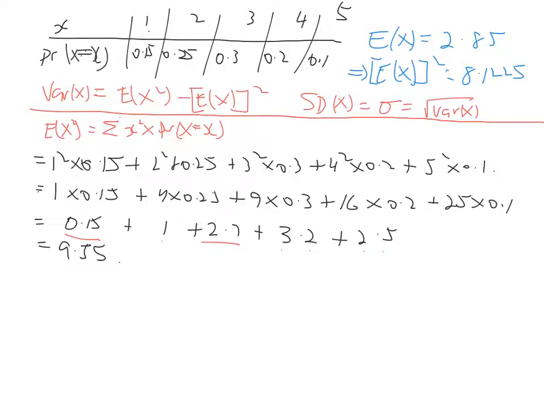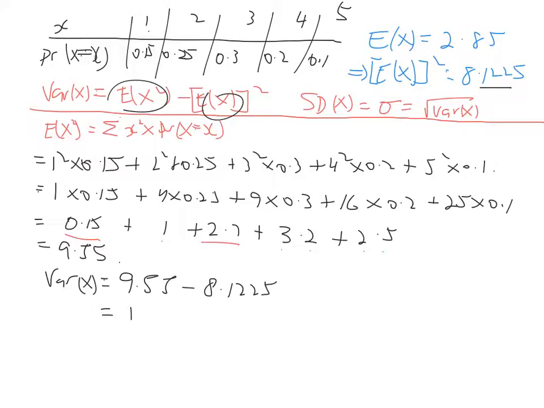Okay, so now to find the variance, we say the variance equals E of X squared, 9.55, minus E of X all squared, 8.1225, and we end up with 1.4275.